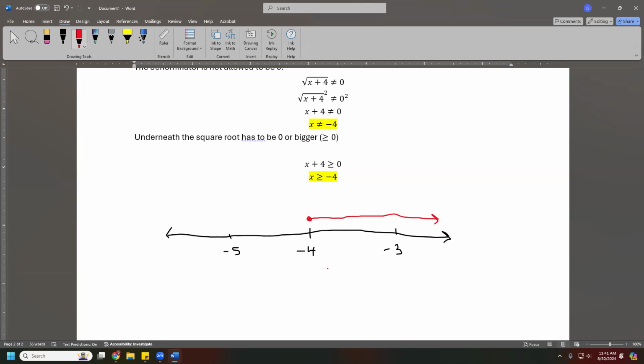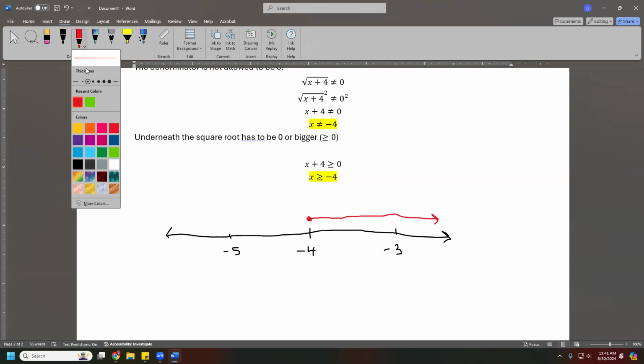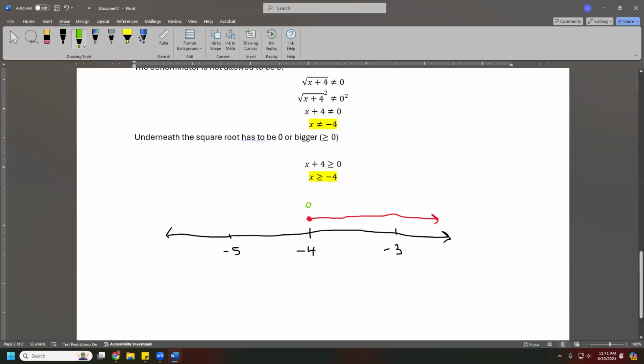So that would be this way. And now I'm going to graph my other guy up here. This one says everything except -4 works. So that's going to be an open circle, and everything except -4 works. So the only places where both of these things are true is from here onward.